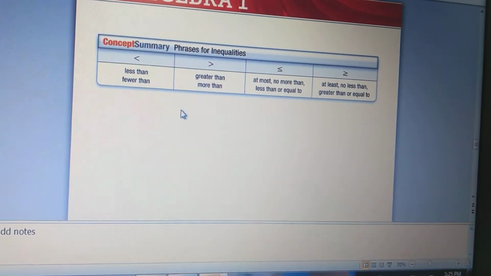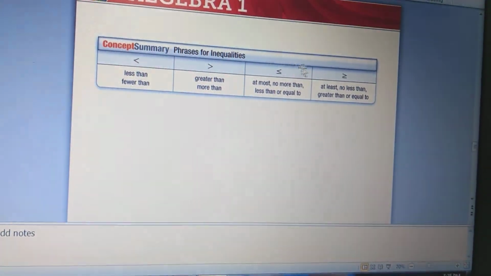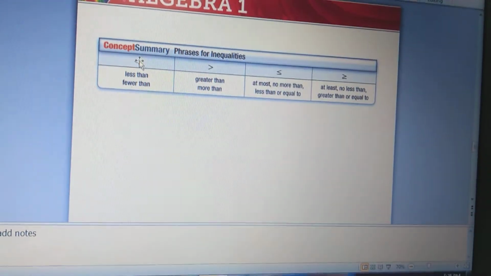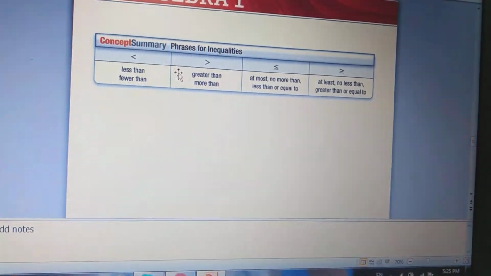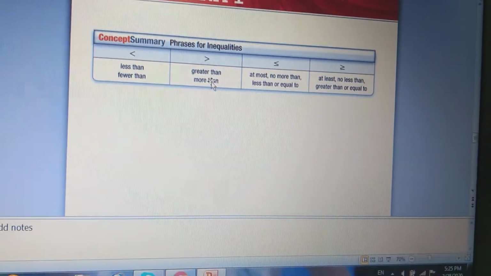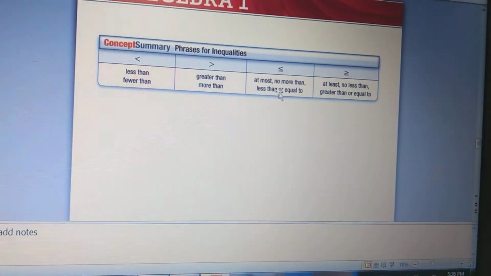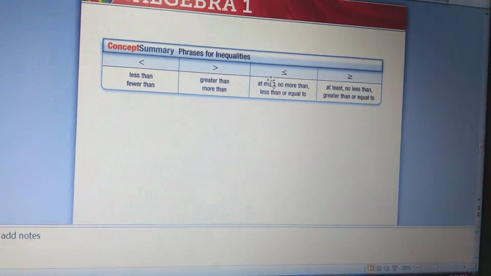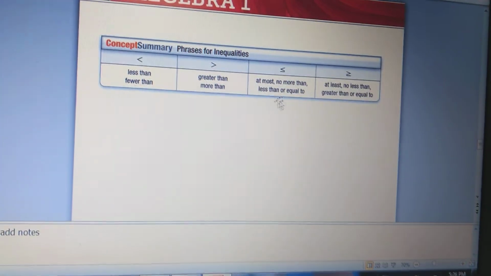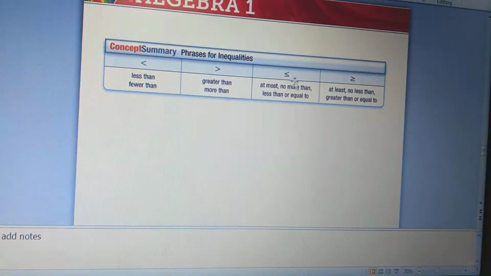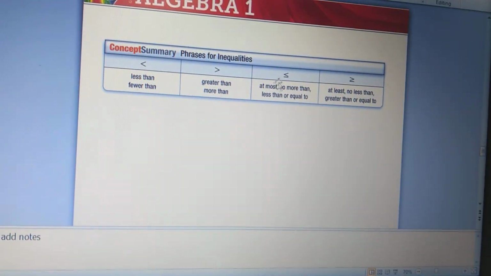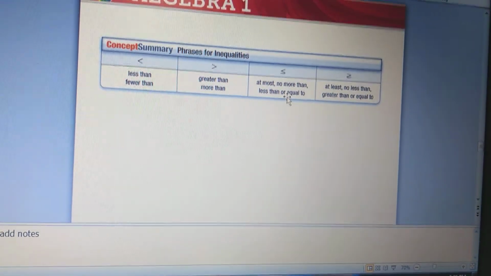Here, the signs of the inequalities. This, we can read it less than, fewer than. This, greater than, more than. This, we can say less than or equal to, or at most, or no more than. These expressions help me when we have problem solving.